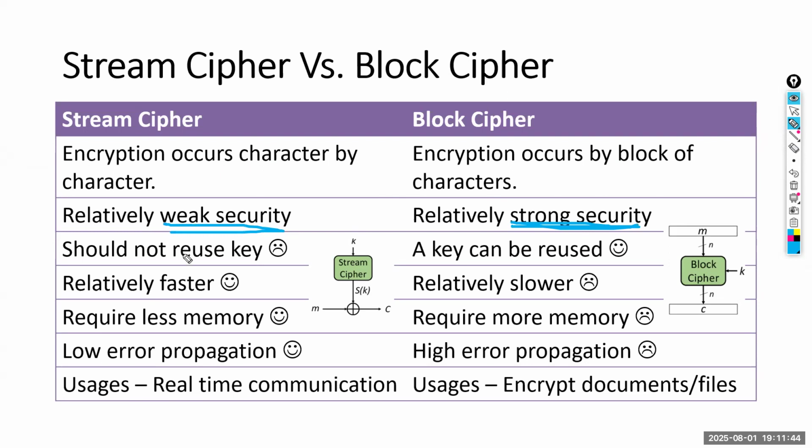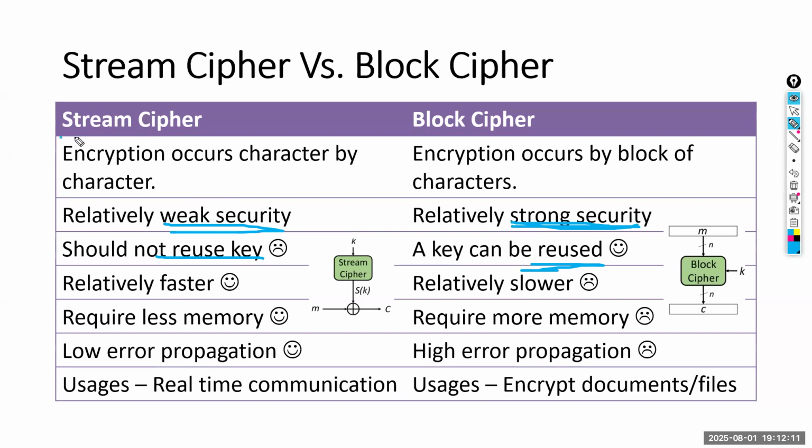Therefore, in reality we use more block ciphers. And keys can be reused in block ciphers, but in stream ciphers, you must never reuse keys because stream cipher is weak security. If you reuse your keys, it can be even weaker.